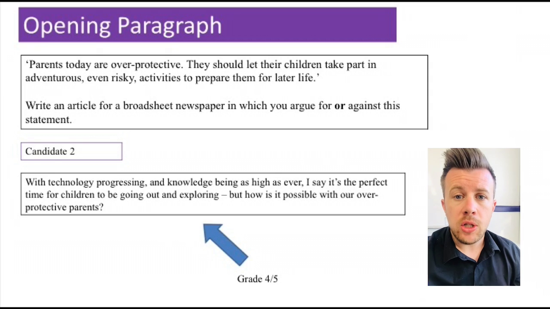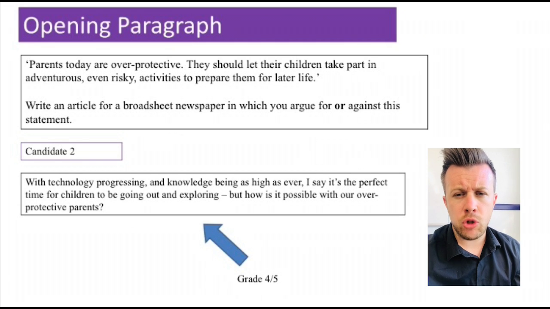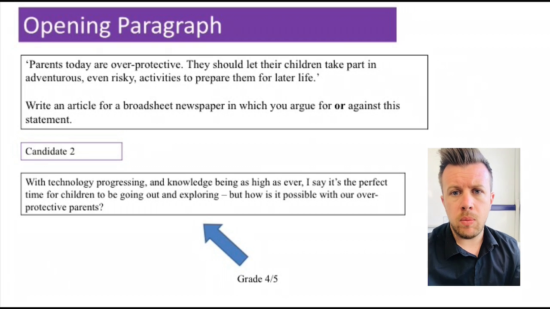Okay. So you can see that this opening paragraph is a lot stronger than the one that we looked at on the last slide. And there are a couple, I think, of clear reasons for this. You'll notice that the candidate has thought very carefully about a very strong opinion. They haven't started with, this is my opinion, but there's a sense that they're talking directly to the reader. It gets a sense that they're trying to include the reader into that opening response.